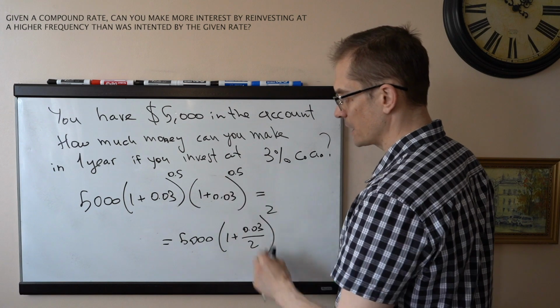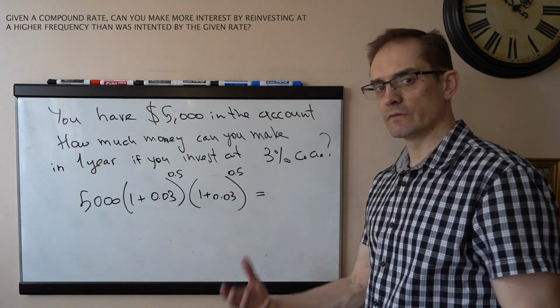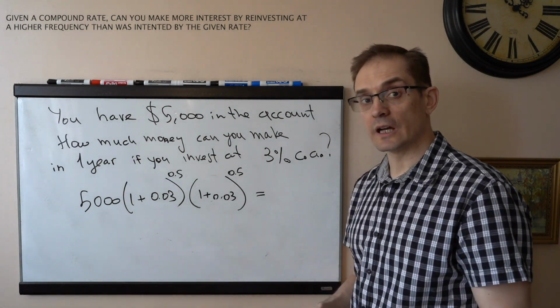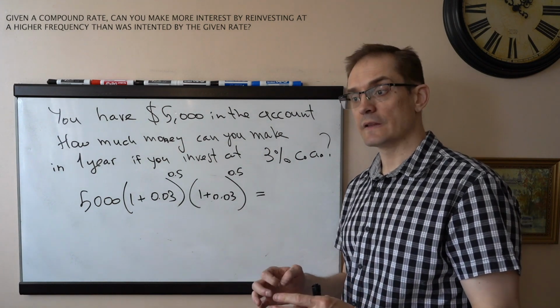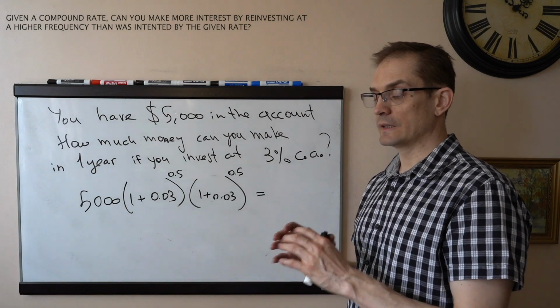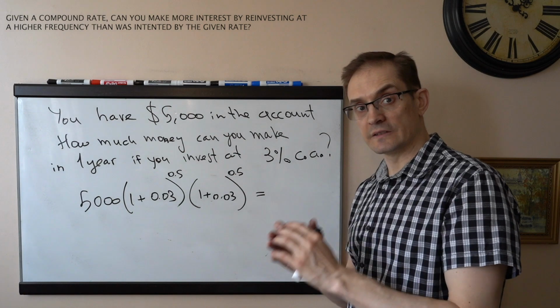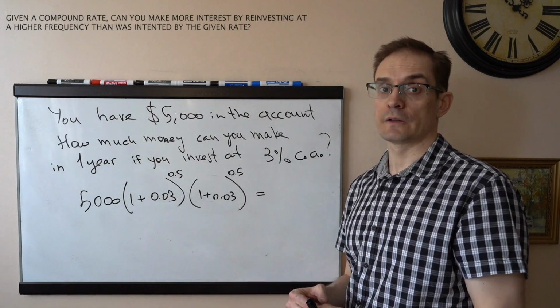But because of the way exponents work, you end up with the same future value as the bank intends, which gives a huge benefit of compound rates. And that benefit is that you are getting the future value that is intended for you without the necessity to lock the account for you.